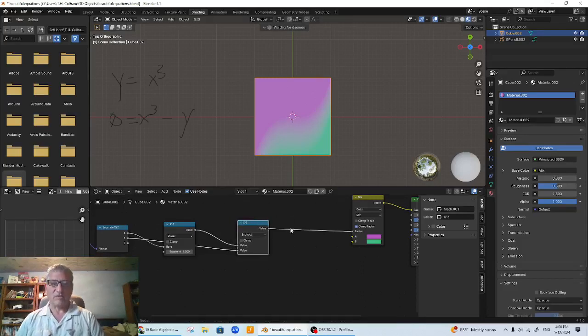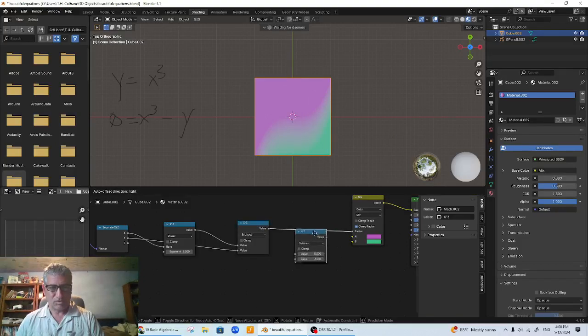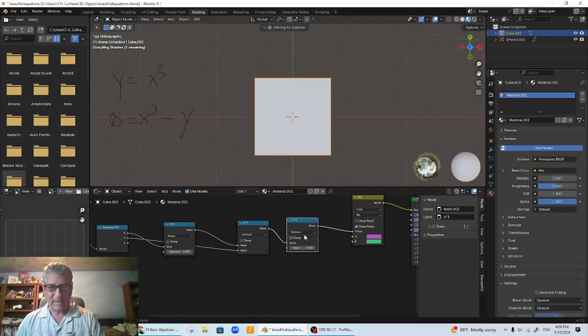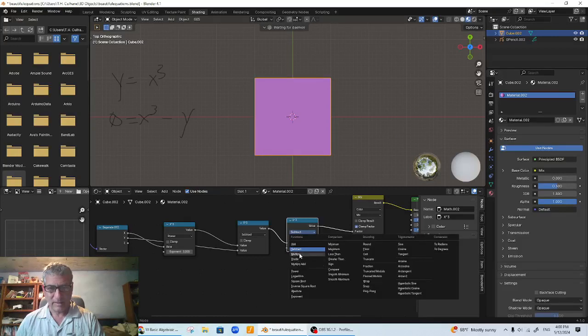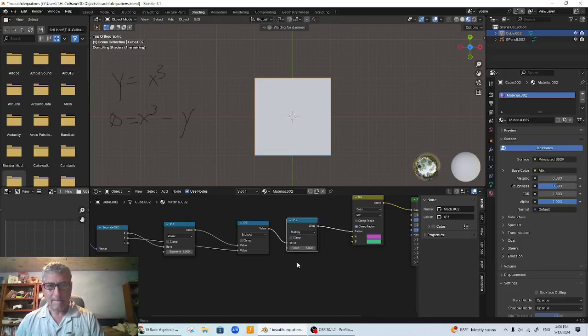Now it doesn't have much definition. One way to do that, I think they said, is that you add another math node and make it a multiply. Yeah, and that defines it sharper.